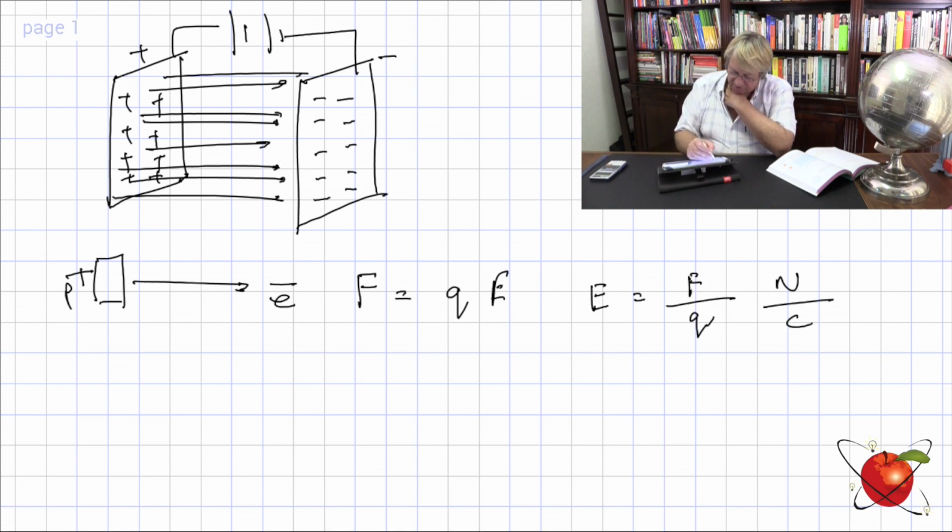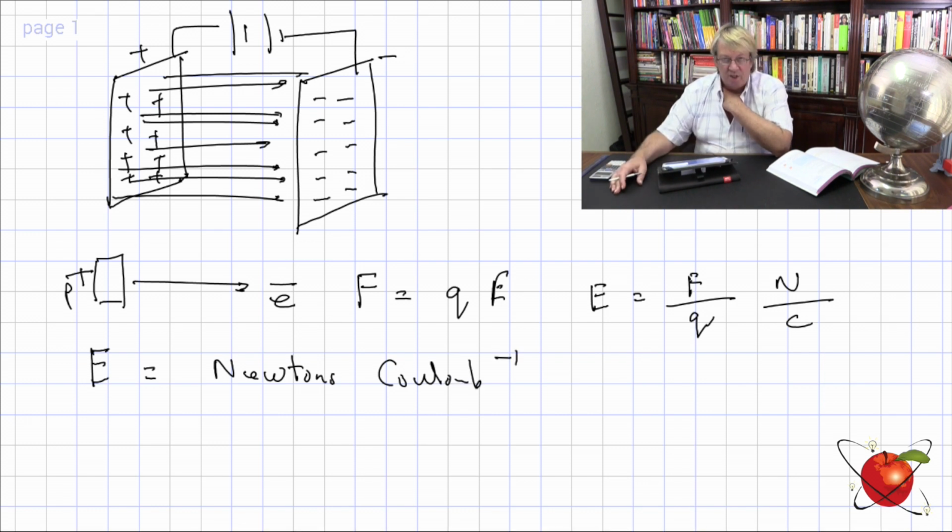So an electric field strength, E, is measured in newtons per coulomb, N C^-1. That's what we're measuring E, the electric field strength, in.